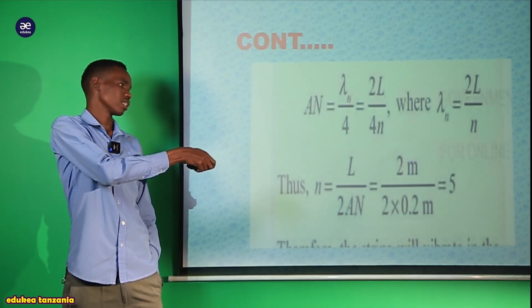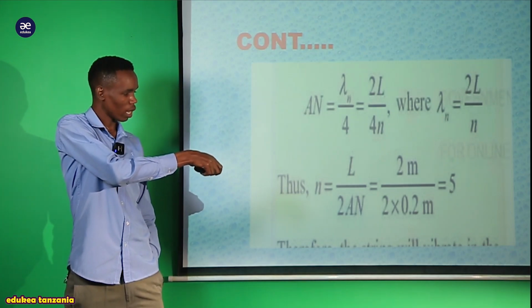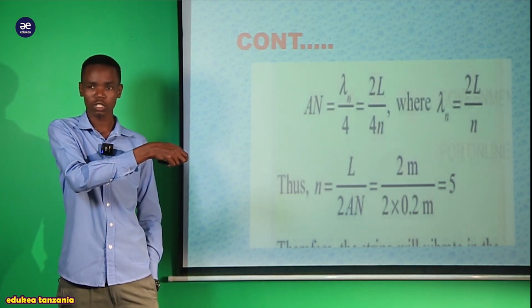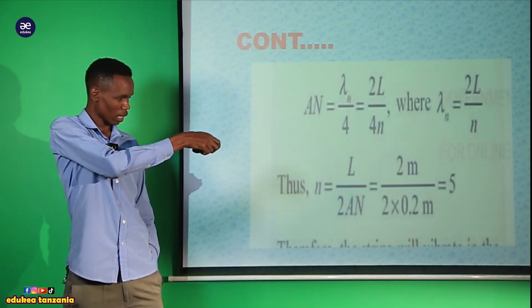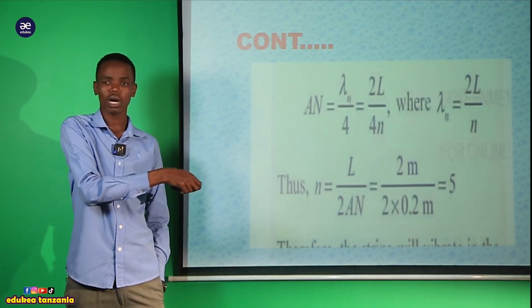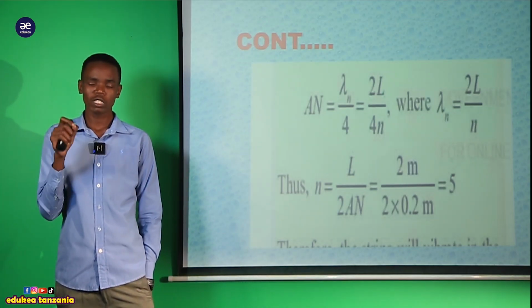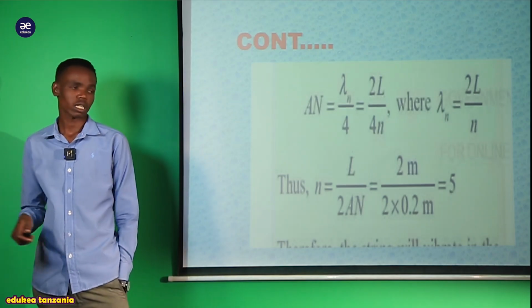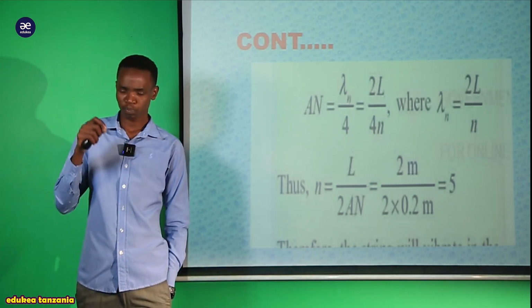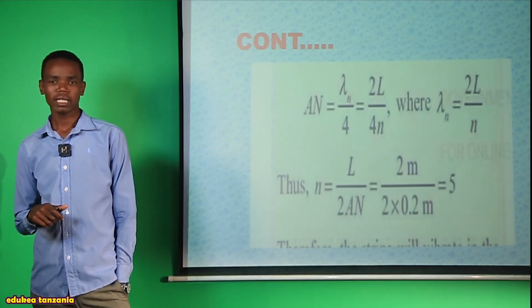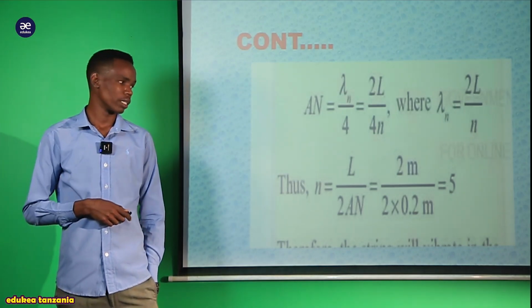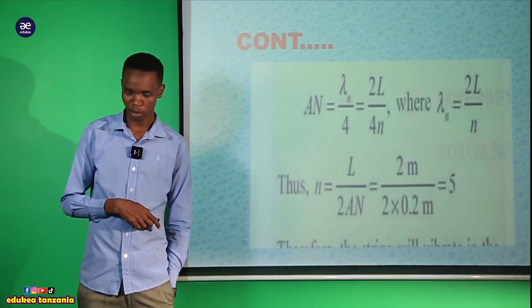We cancel the 2, because in the numerator and the denominator we have the same value, 2. In the end we remain with 1 over 0.2, which when you divide gives 5. So the number of harmonic, my dear student, must be equal to 5 as we have been given in our equation here.